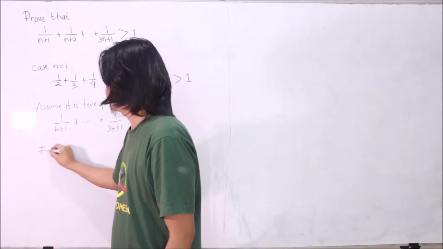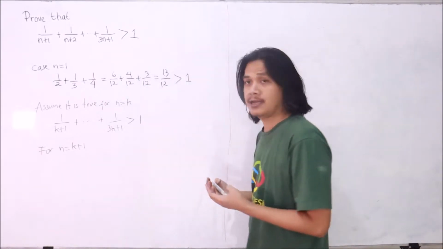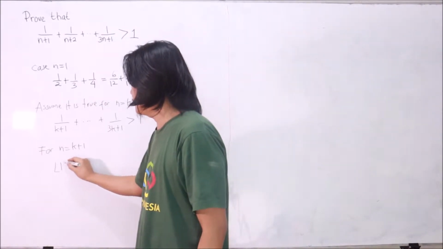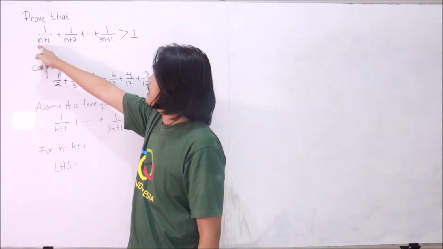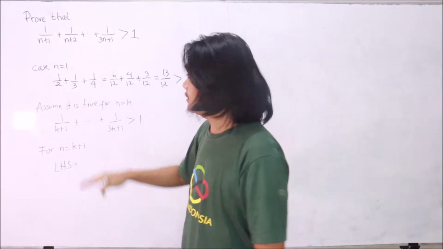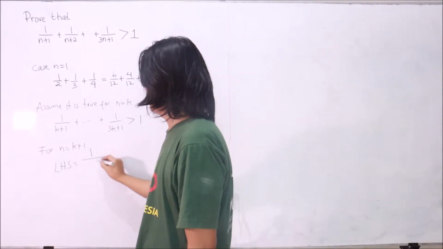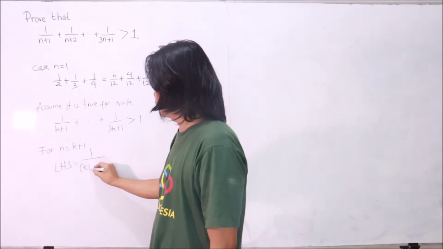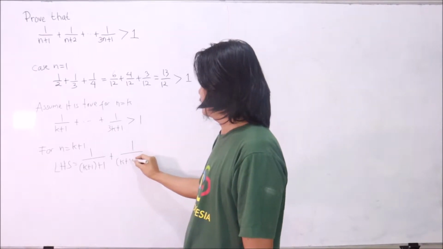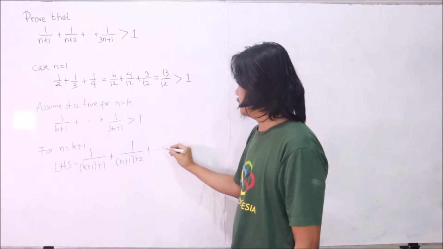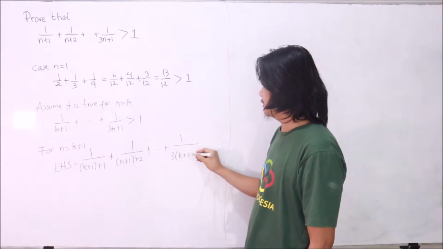So for n equals k plus 1, let's look at the left hand side first. We're going to replace each n that appears here by k plus 1. So we have 1 over k plus 1 plus 1, plus 1 over k plus 1 plus 2, and so on, all the way to 1 over 3 times k plus 1 plus 1.